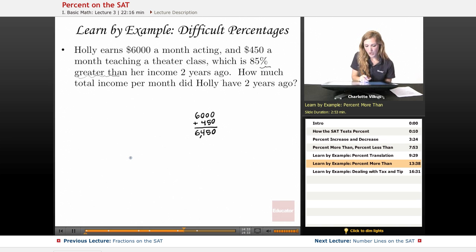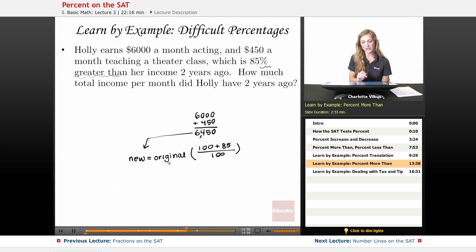And because we had a percent greater than problem, we want to go ahead and write down our equation for that. So we have then that the new amount is going to be equal to the original amount times 100 plus the percent greater than, so now we have 85% greater than, all over 100. And our new amount we have. So given that, the only unknown that we have is the original amount, which happens to be what we're looking for.